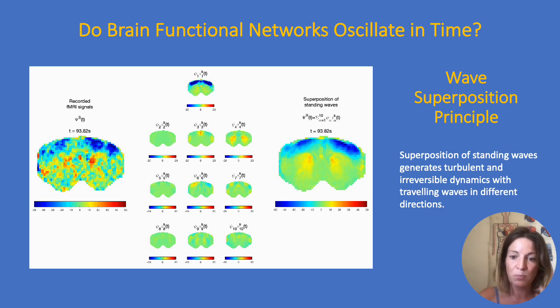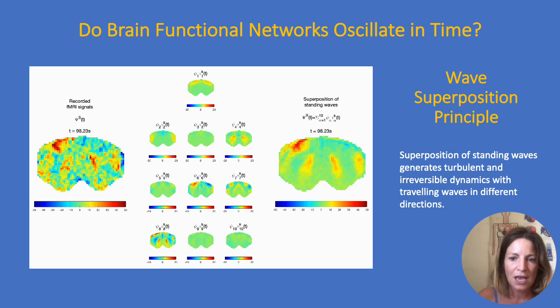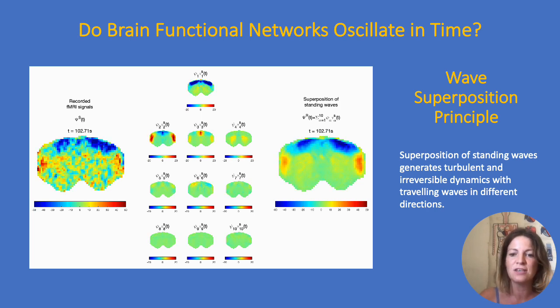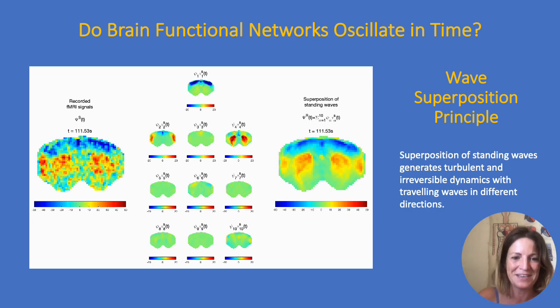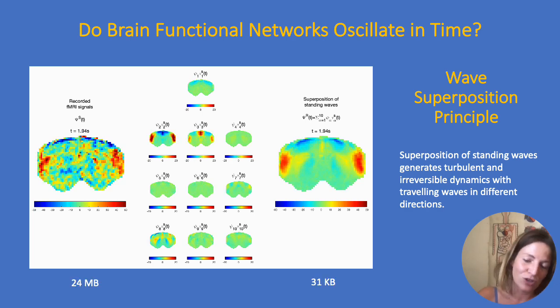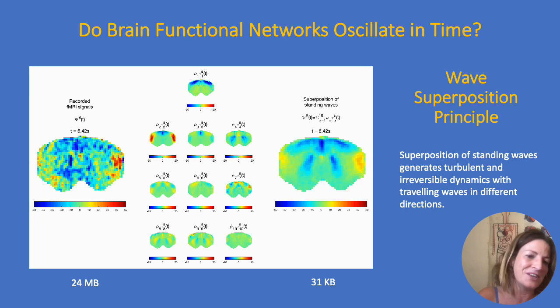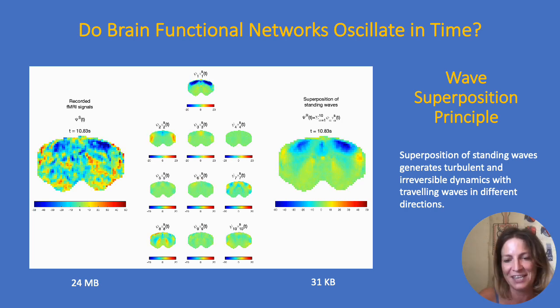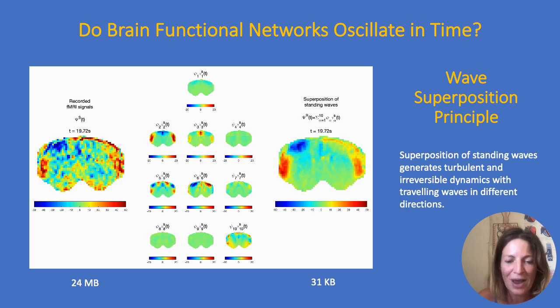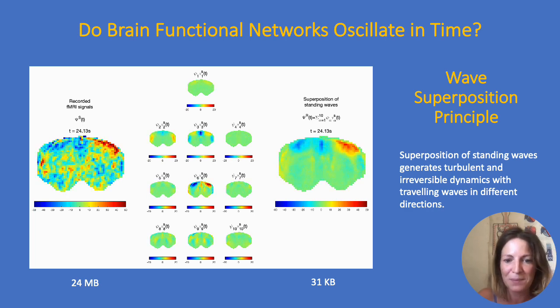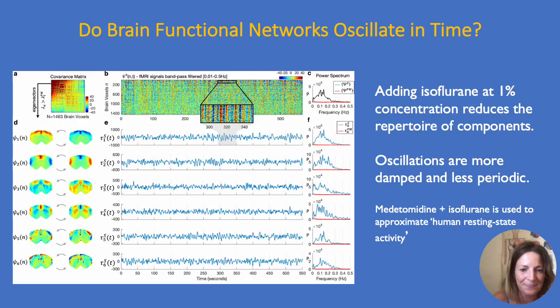So this superposition of standing waves can generate really interesting phenomena at the global, systemic level. And there's also a high dimensionality reduction, since the scan on the left has about 24 million bytes, whereas the one on the right is described by just 31k bytes.